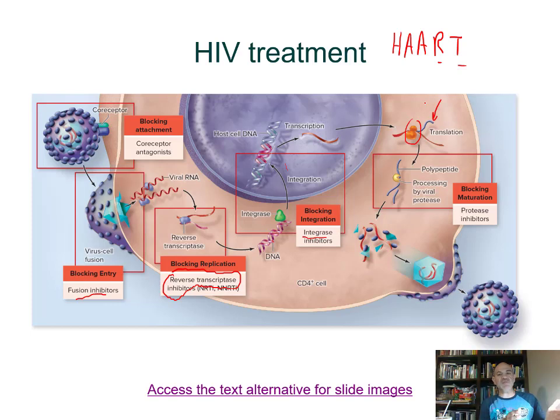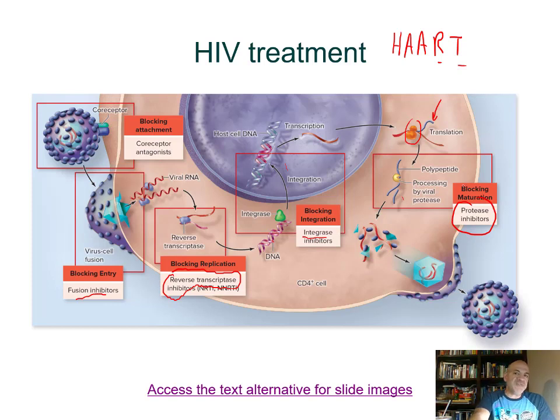Others are going to be the GP120 protein. Others may be the enzymes necessary for viral replication that the virus has to carry with it. And if you can't cleave up and break apart that long polypeptide, then you can never form the virus itself. So you would have drugs that block these proteases. A protease is a general term for an enzyme that breaks down a polypeptide.